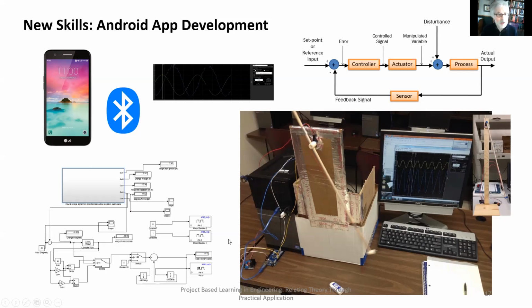So they learn these components, and then they can play with their phone, which they're on all the time anyway, right? To interact with their system. And so you create more interest by bringing other things in there, even though they're not software engineers. They're mechanical engineers, but they now have a little ability of bringing something else into it and raising their interest in it.